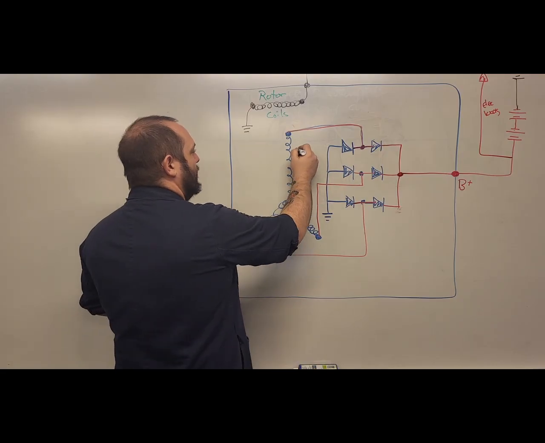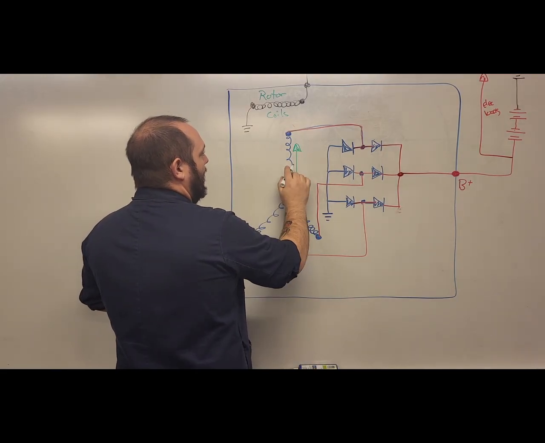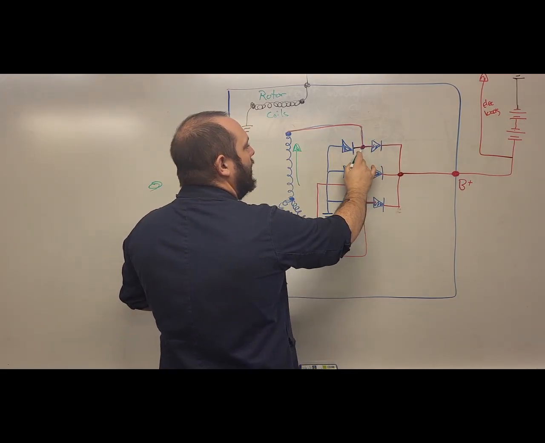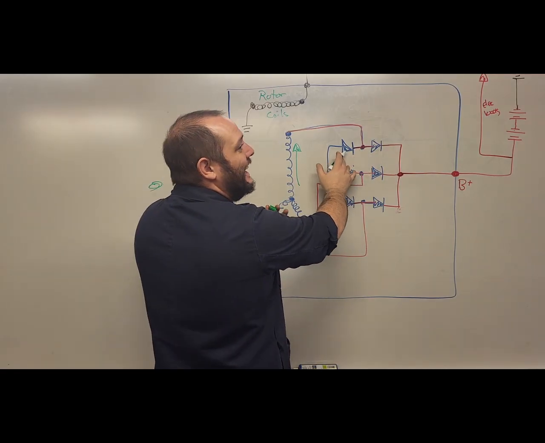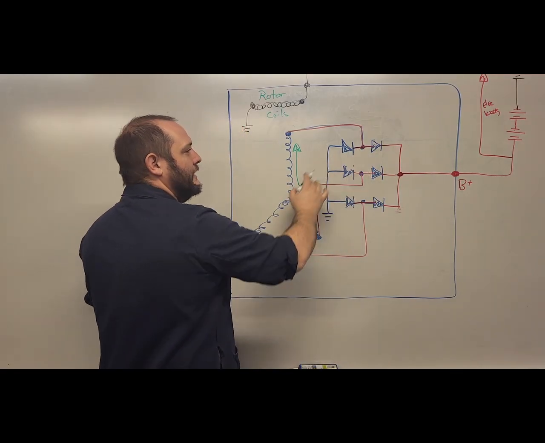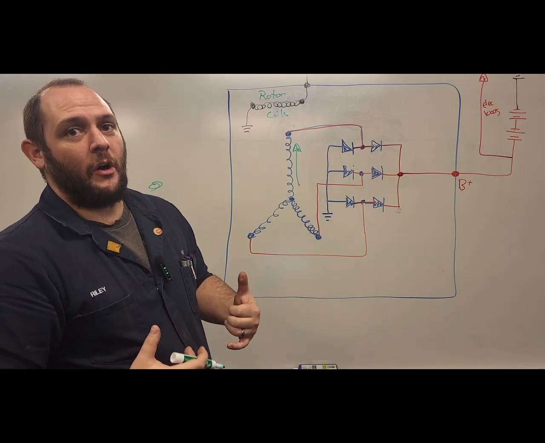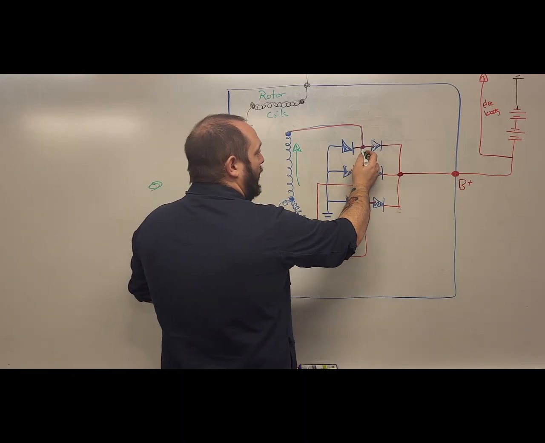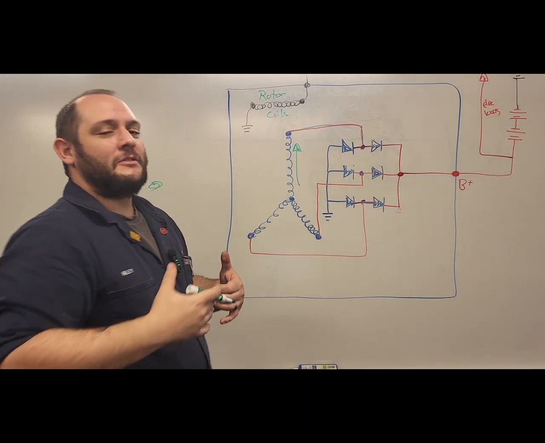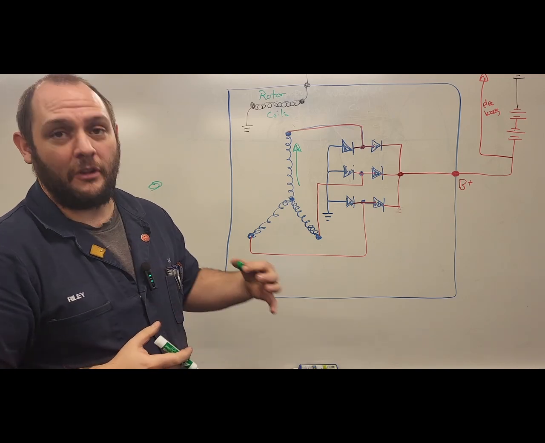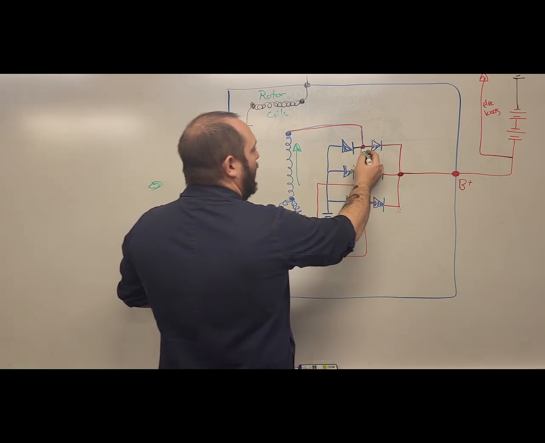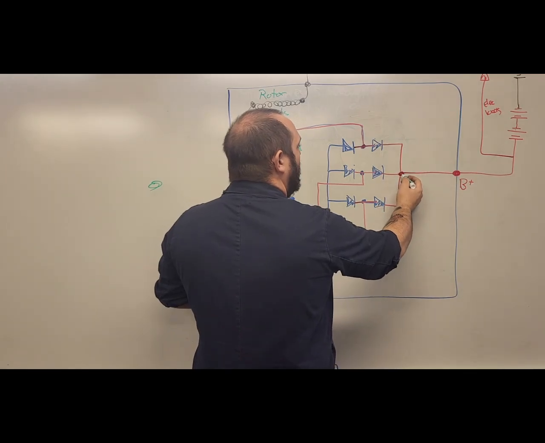So if I'm going out on this leg here, that current is able to flow. Because it's a positive current, it will deactivate this diode, or put it into the not-allowing-flow function.